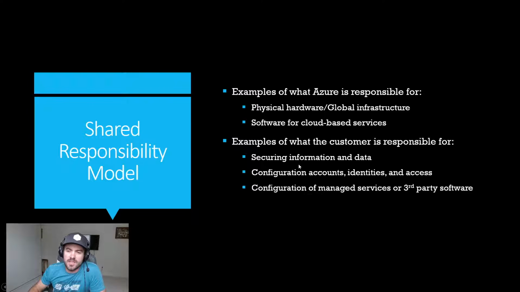Configuring your account's identities, access, authorization, and authentication protocols, that's on you. And if you're using any third-party software, implementing it with the resources you have provisioned with Azure is also on you. So again, moral of the story: Microsoft, the provider, manages the physical, and you're pretty much going to manage everything else.